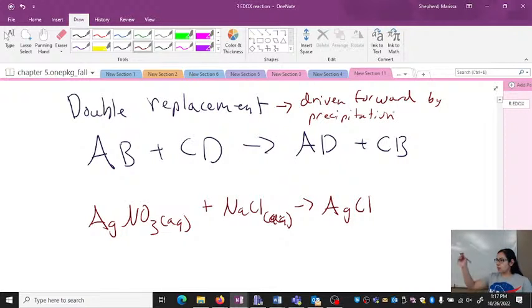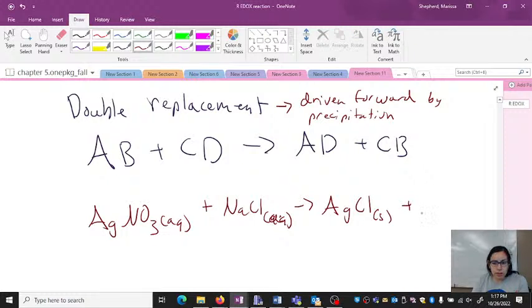So anytime you mix things together in last week's lab and you saw something cloudy forming, that's telling you that you're forming a precipitate, and all that means is some sort of solid is coming out of solution. Silver chloride is pretty insoluble, so it has to come out of solution to keep driving that reaction forward.